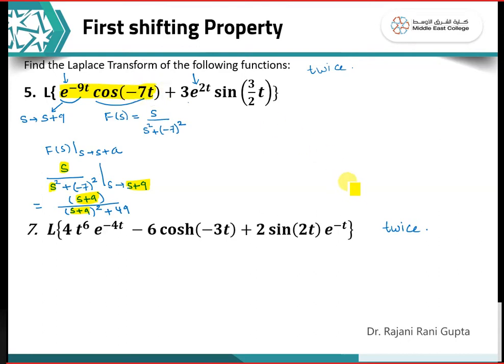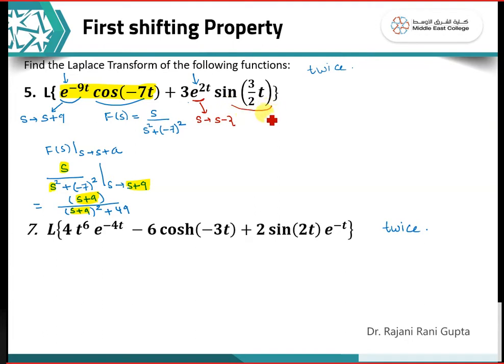Now we move to the second part. When we are doing the second part, same thing. e power 2t gives you s goes to s. Now it is plus, so it is minus 2.